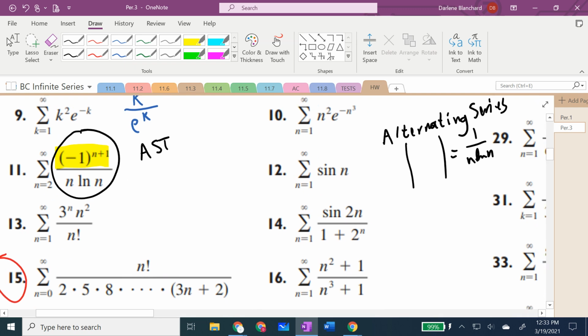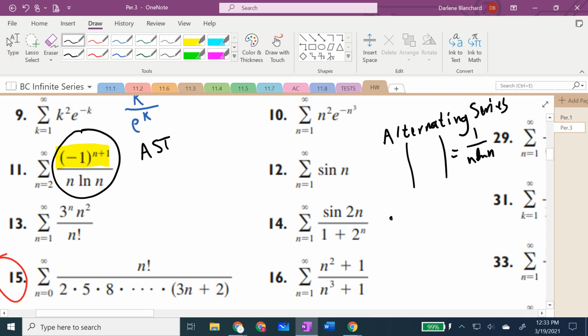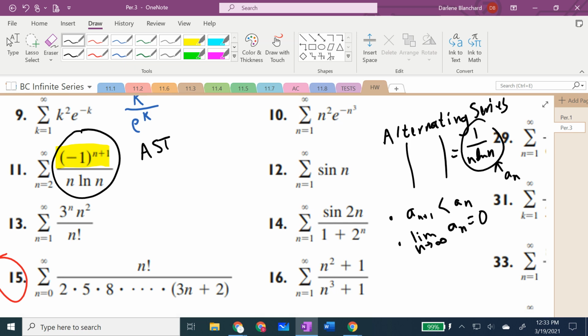In multiple choice, though, you need to be ready to go with the formal way that it's written, with the plugging in the n+1 being less than the nth term, and the limit as n approaches infinity of that formula. I'm calling that a sub n, by the way, and that's 0. That's all you need to be able to say converges by alternating series test.